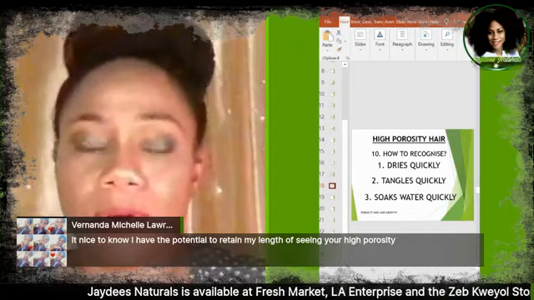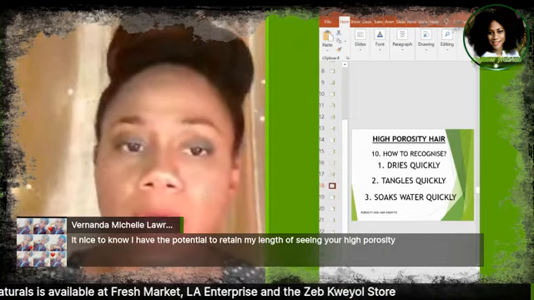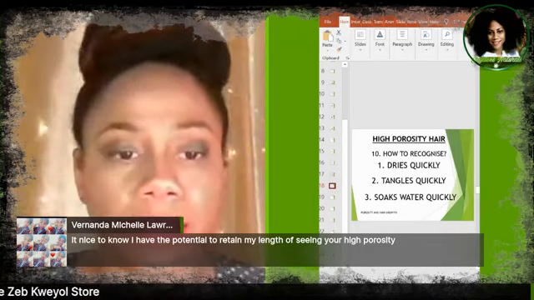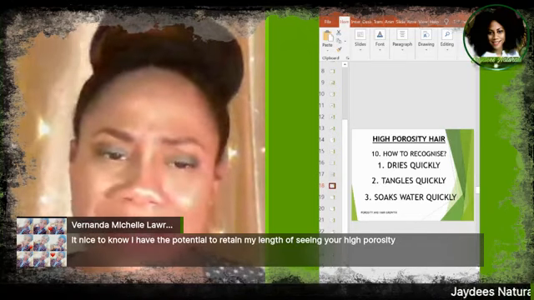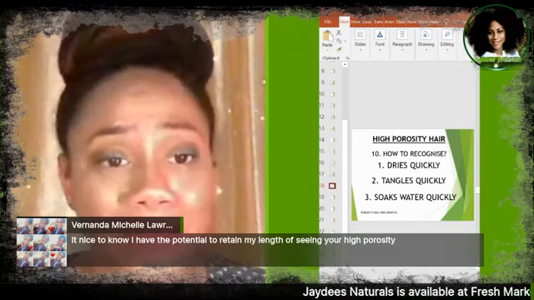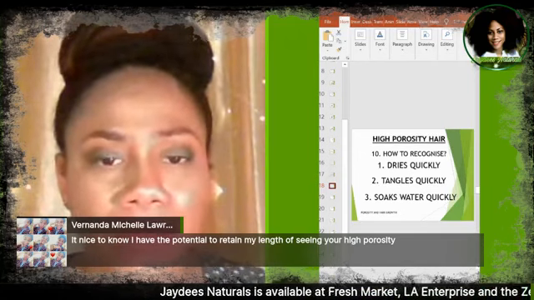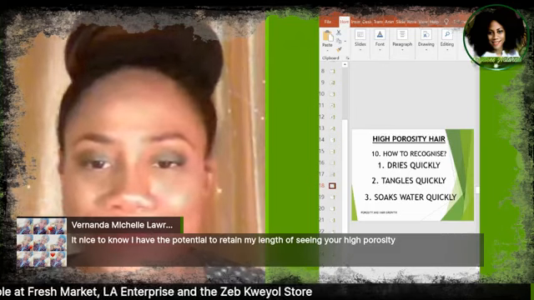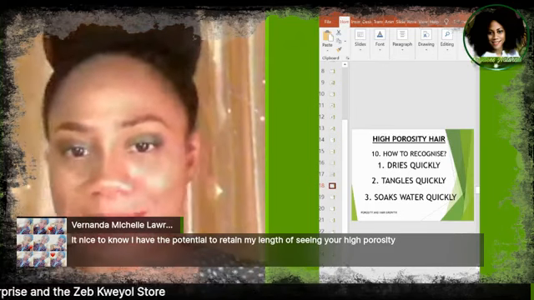So right now I know what to do, I have identified the type of hair that I have, and I know what to do to retain length. There's much more I can do, I just don't have the time. But I think I'm going to be a little more invested in my hair in 2020. So we'll see how that works.